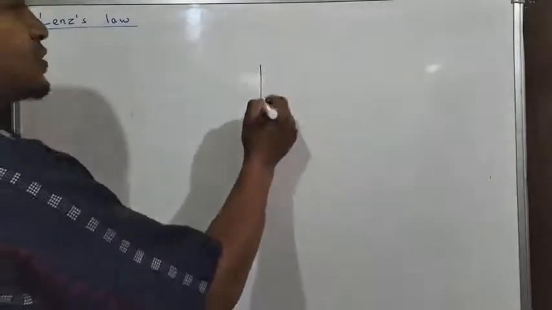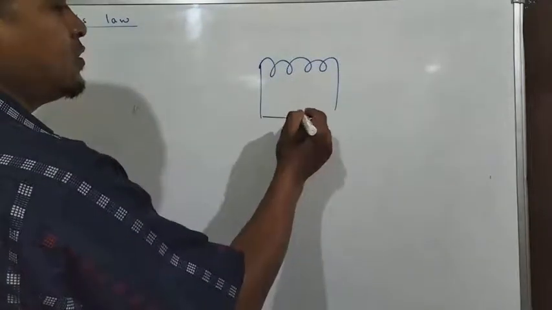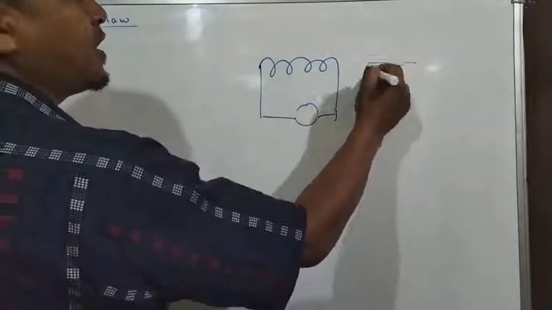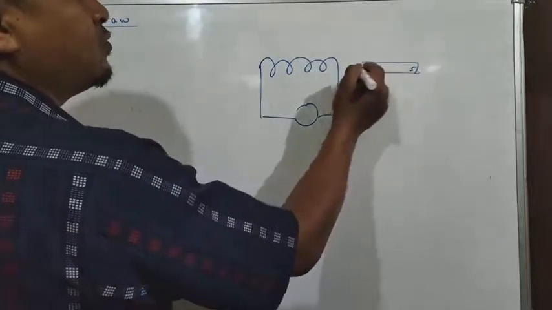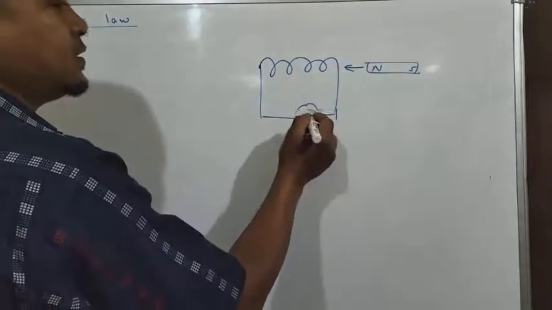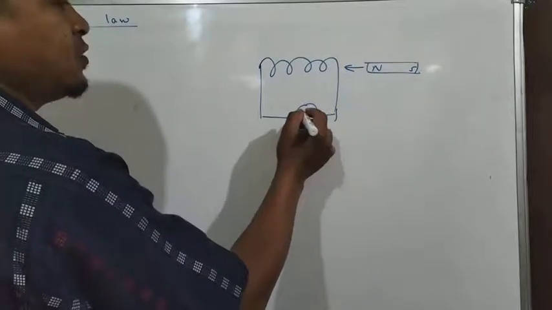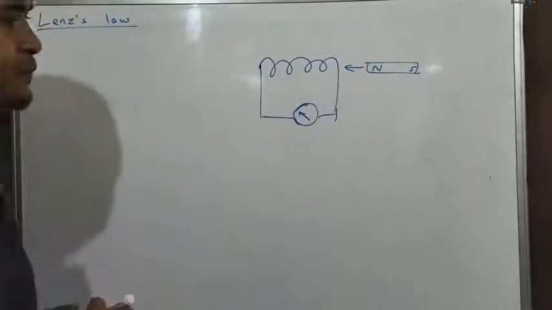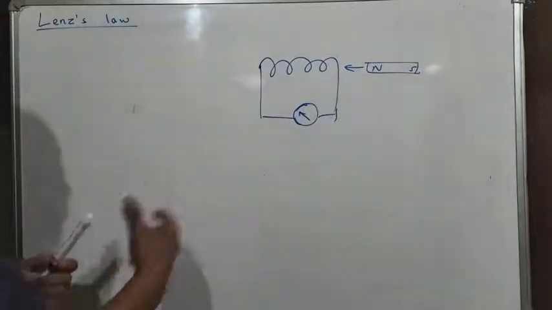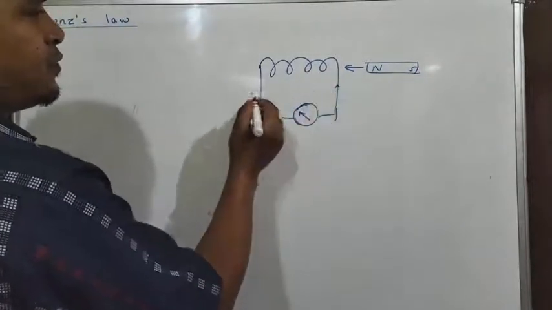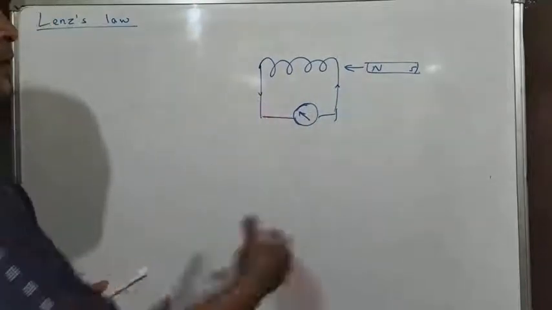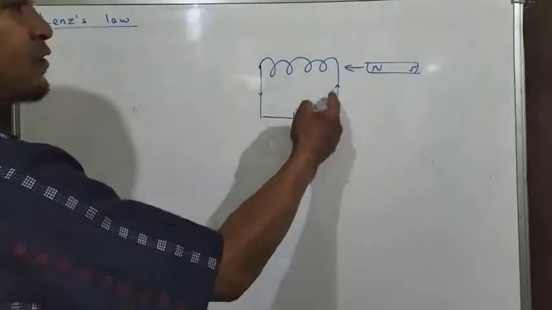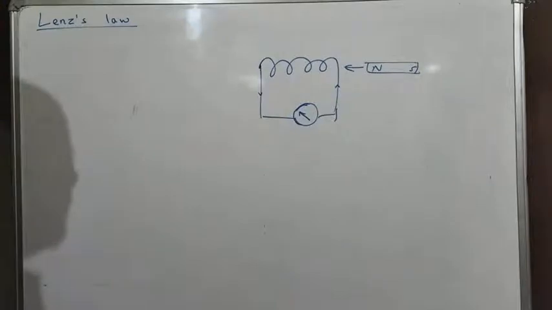So this is a coil, and if this magnet with its north pole moves towards the coil, then there is a deflection in the galvanometer in this direction. It means that we are getting a current from the magnet.